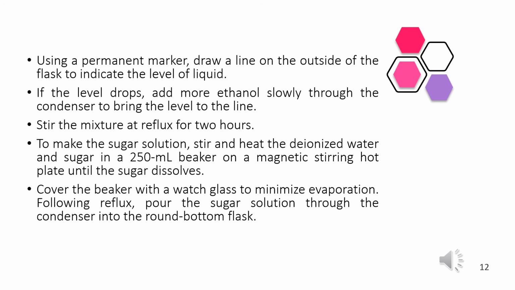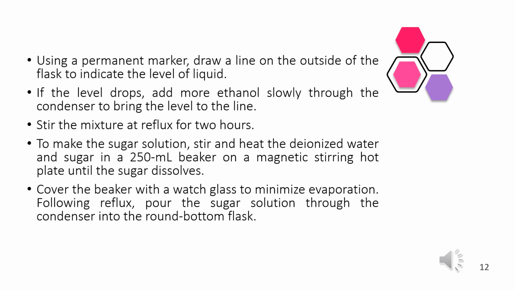The deionized water and the sugar are placed in a 250 ml beaker, and this beaker is placed on a magnetic stirring hot plate. Here the deionized water and sugar are mixed until the sugar dissolves.